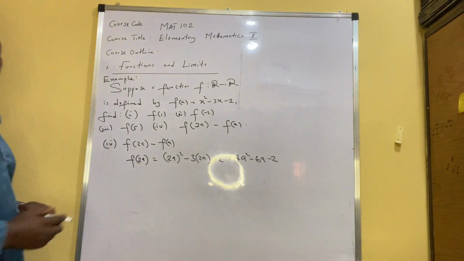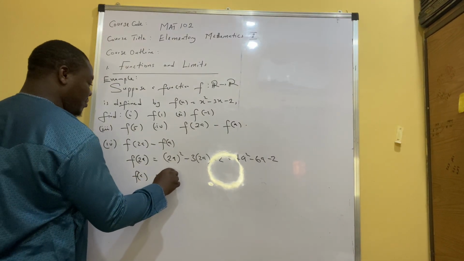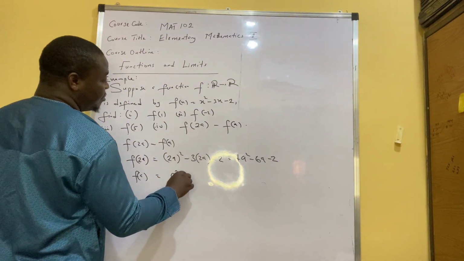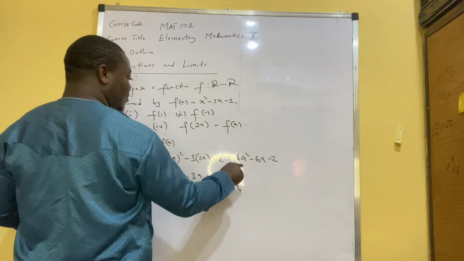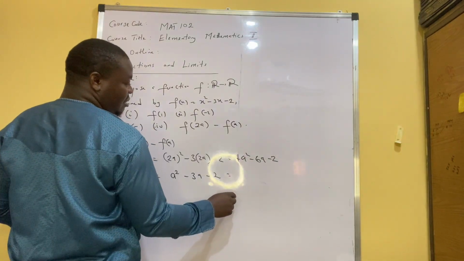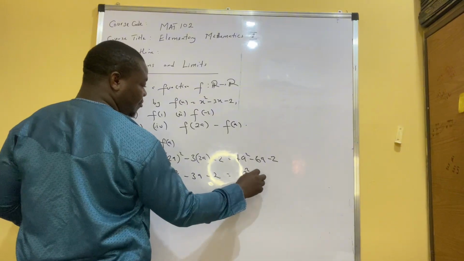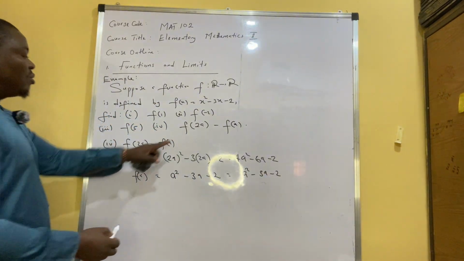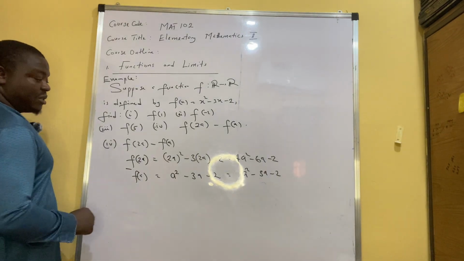That's the result for f of 2a. Now, f of a implies that whatever we see x we replace with a, that will be a squared minus 3a minus 2. Okay, I will write it under 4a squared minus 6a minus 2. So we have a squared here minus 3a minus 2. Okay, so the operation between them is minus. We are to find the difference between the two of them.